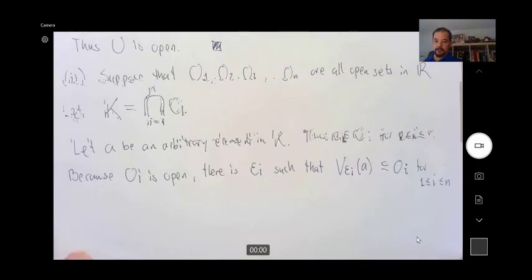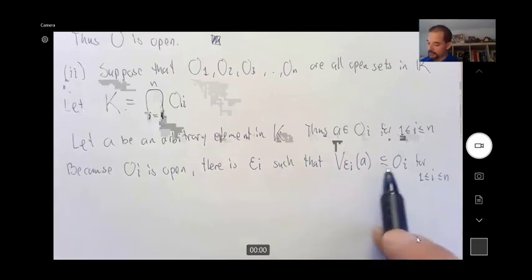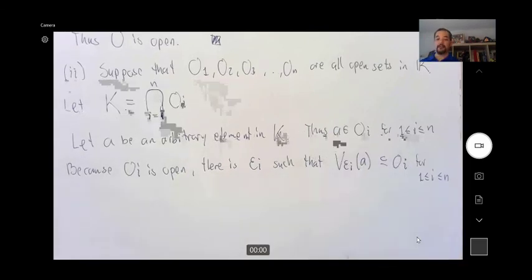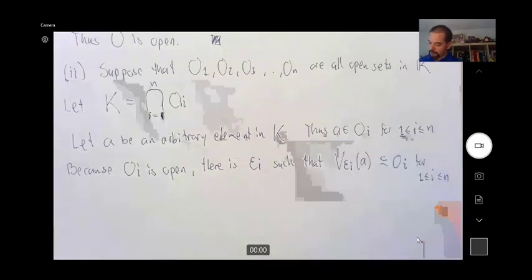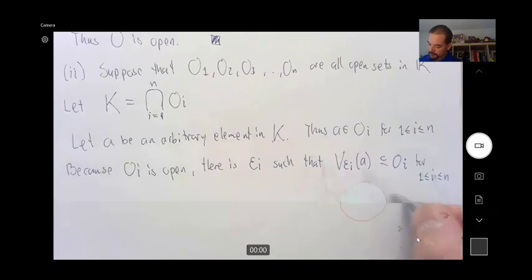Okay. And then all we need to do now is to figure out how to make it so that the neighborhood is inside all of the O_i's. So each O_i has its own neighborhood, right? So which one should we pick so that it works for all of them? Here, the best picture to make is actually like a Venn diagram type of picture. So imagine that each one of these is an O_i.